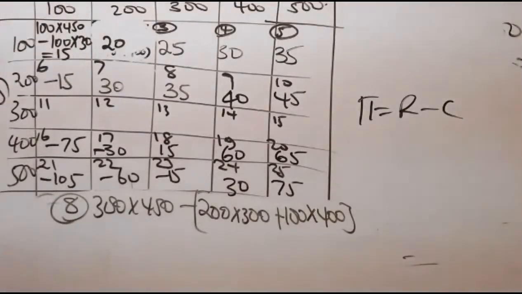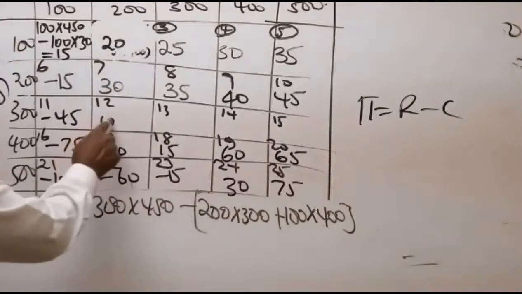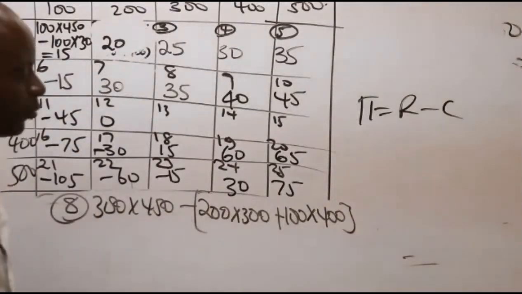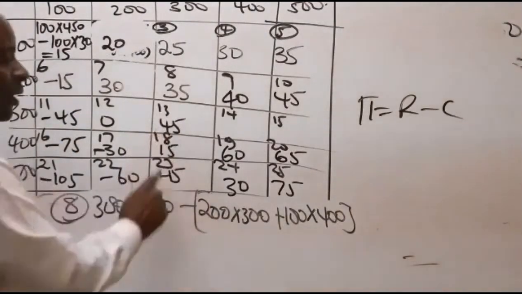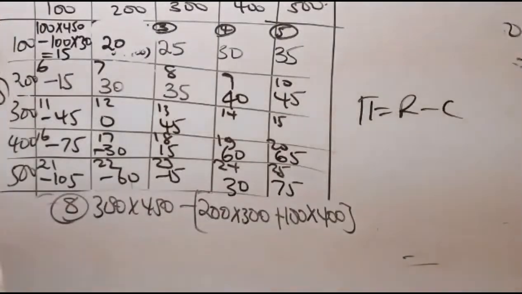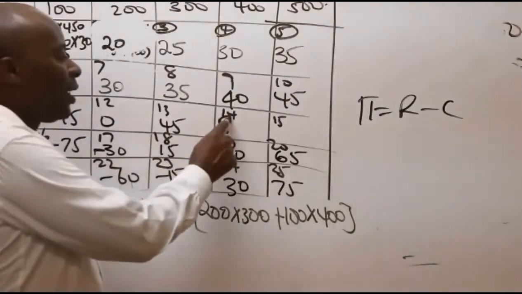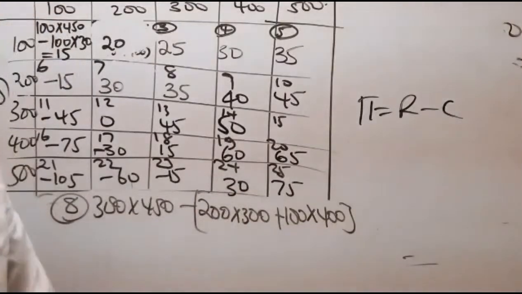So cell 11 is negative 45. Cell 12, I'm being told is 0. Cell 13, I'm being told is positive 45. Right, thank you very much. How about cell 14, 15? Are they 50 and 55? 14 is 50. Lastly, 15 should be 55.